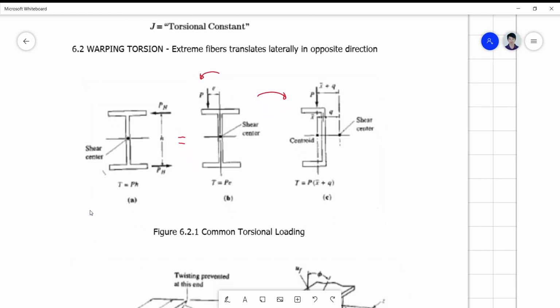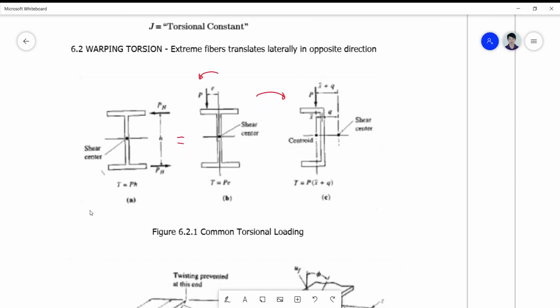Take note that the torsional moment is reckoned from the shear center, not the centroid of your section, which happens to be of the same position and location when we talk of doubly symmetric shapes like the I section.